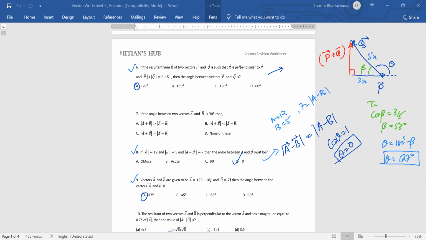Okay, now the ninth question. The easy way of doing the ninth question is you first just draw these two vectors A and B in the xy plane.